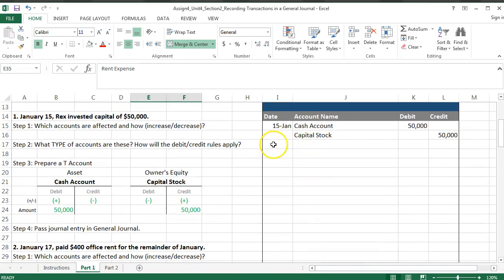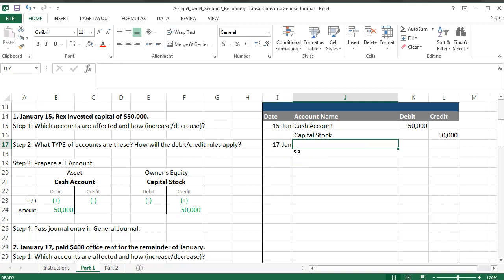So we go up to our journal entry, and this is on January 17th. We're debiting our rent expense account for $400, and we're crediting our cash account for $400.